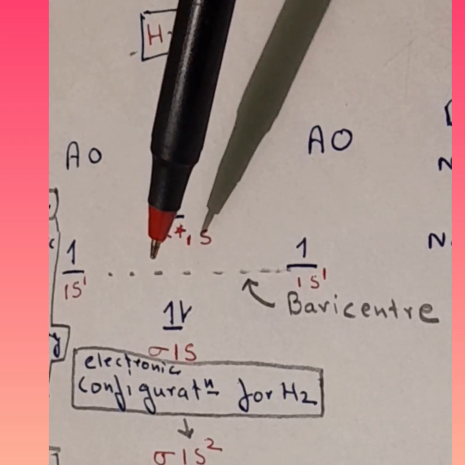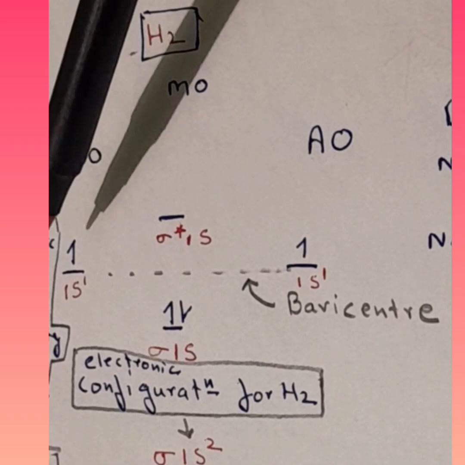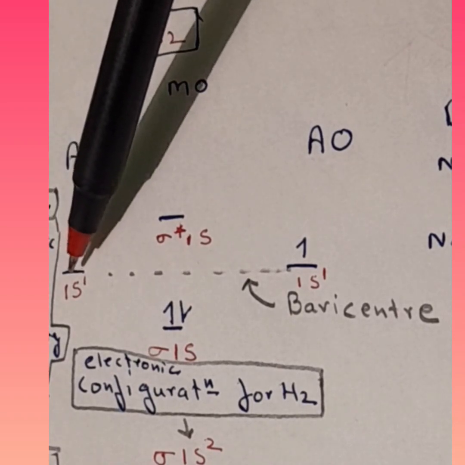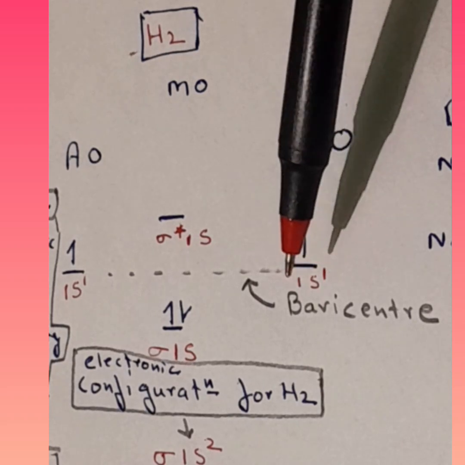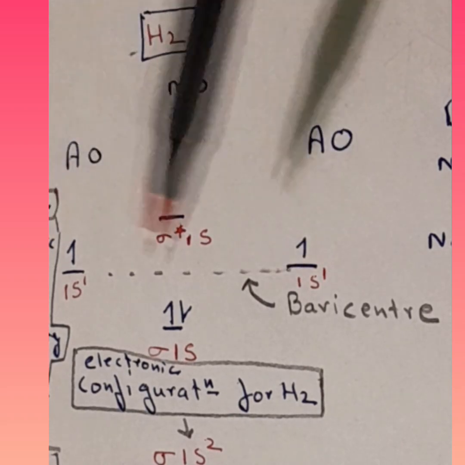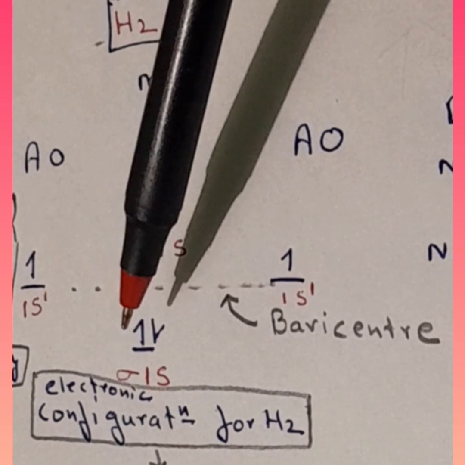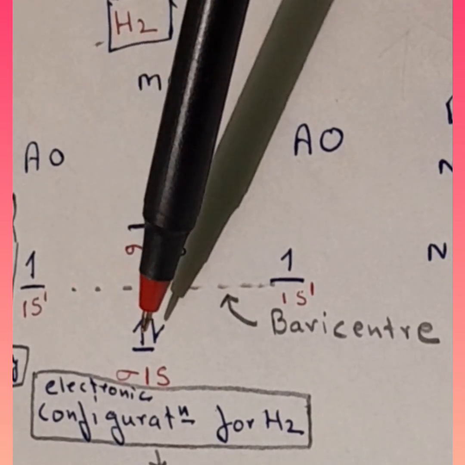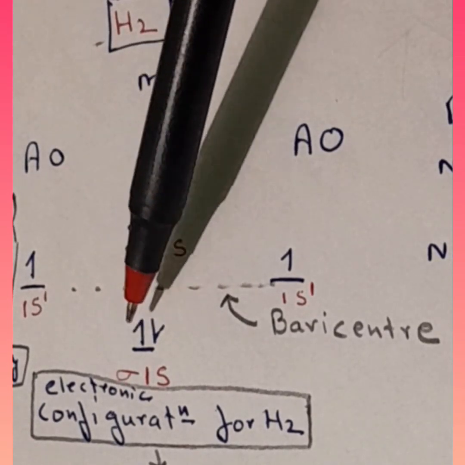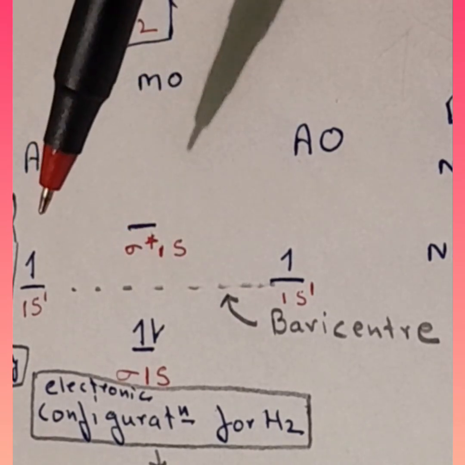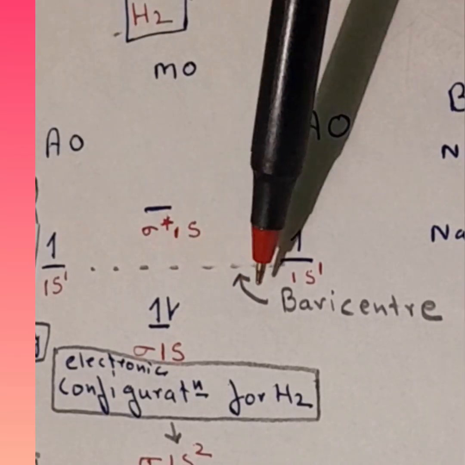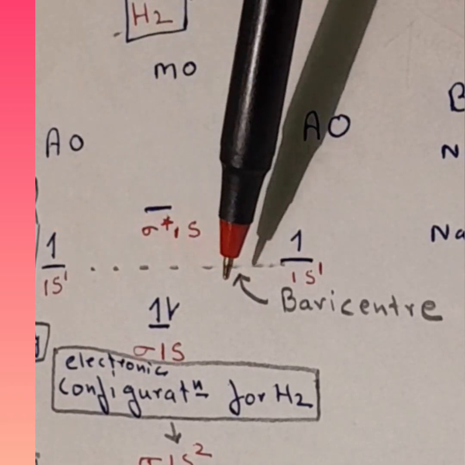All right. Now it has two electrons, one of this atom, another of this atom. So these two electrons are to be filled into these molecular orbitals. As per energy level, this is at lower energy and this is at higher energy. I forgot to mention that this is called the barycenter, that is, the center of gravity.